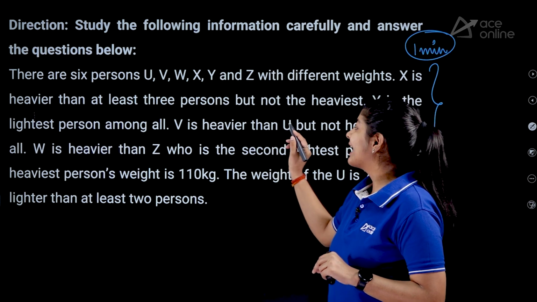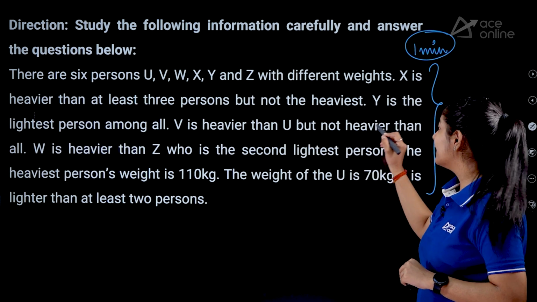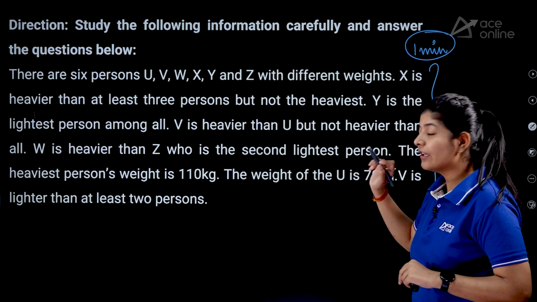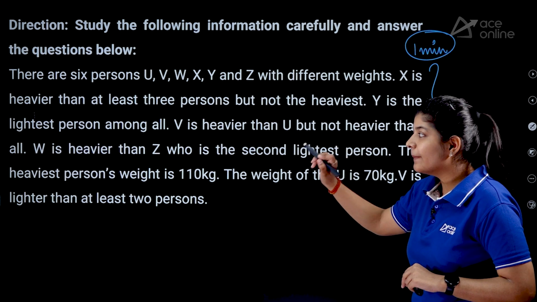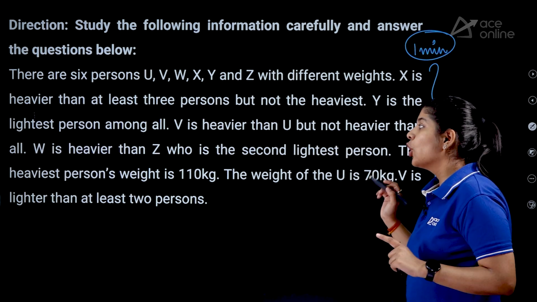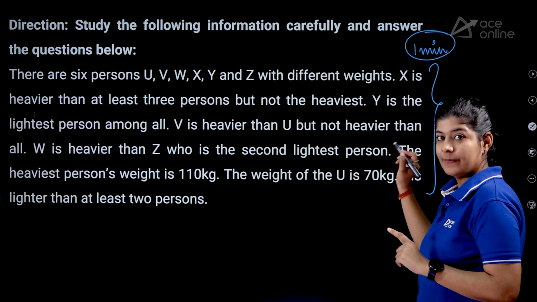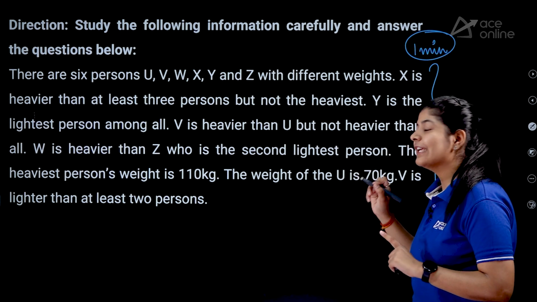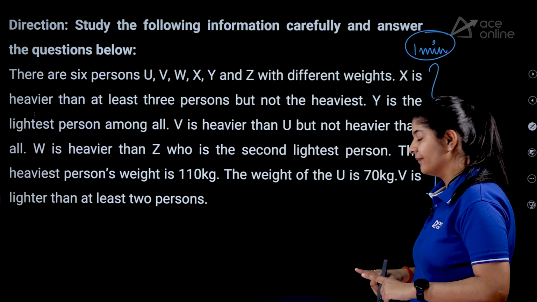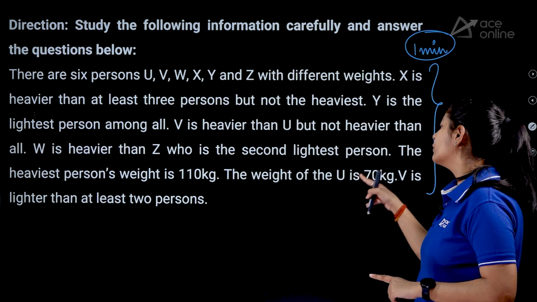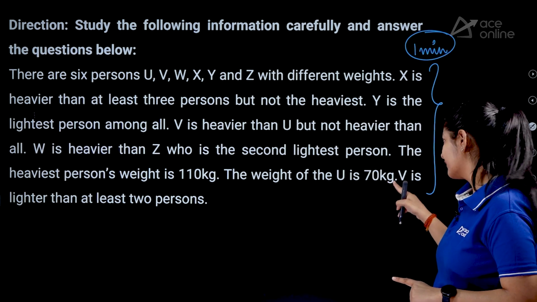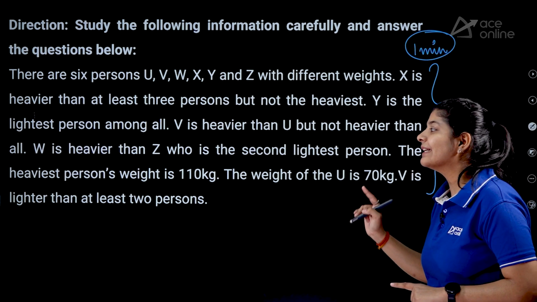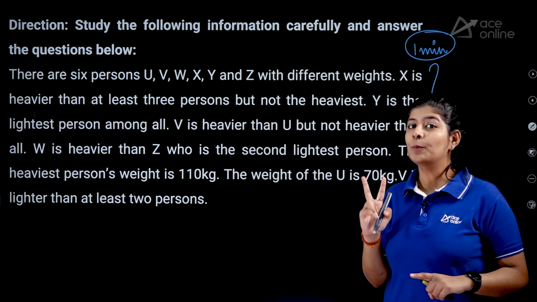V is heavier than U, but not heavier than all. W is heavier than Z, who is the second lightest person. The heaviest person's weight is 110 kg. The weight of U is 70 kg. V is lighter than at least 2 persons.